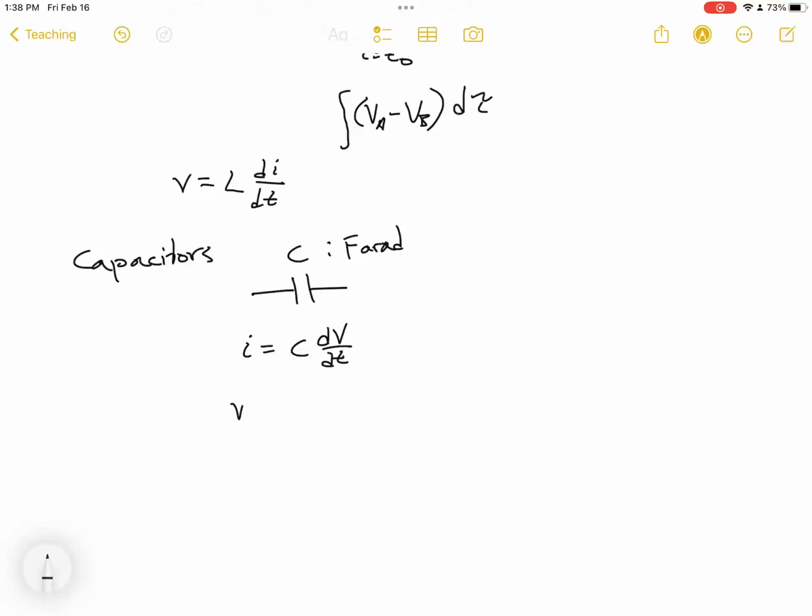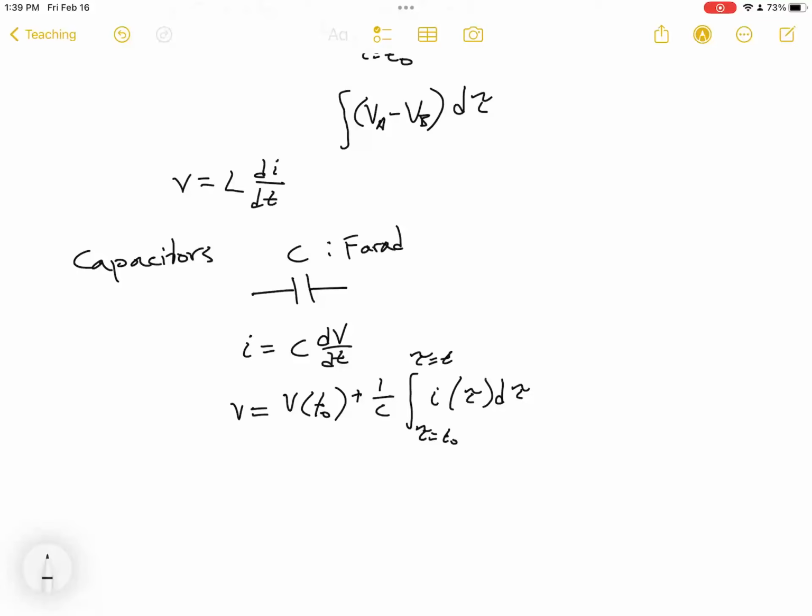And V is equal to, similarly to the inductor, we switch which one's a derivative and an integral: V of T0 plus 1 over C times the integral from tau equals T0 to tau equals T of the current I as a function of tau d tau.